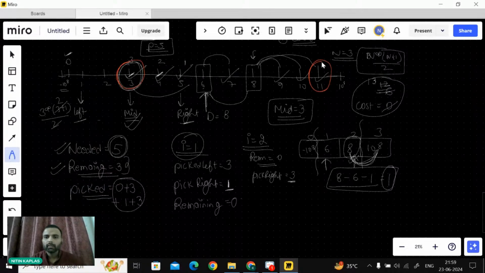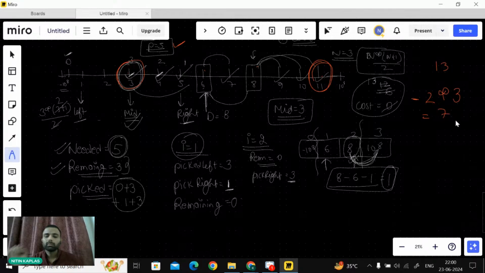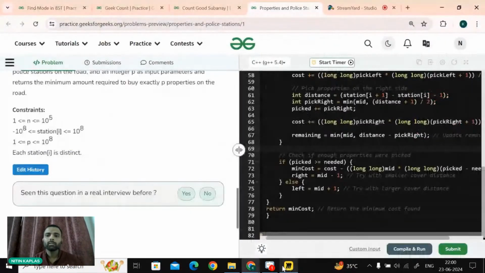If I remove these two, I can save my money, right? I buy two more, because my P is 5, so that is 7. If I remove two, I can sell two. What is the distance? Distance from this to this is 3. Distance from this to this is 3. So if I remove these, 13 minus 6, which is 7. That's my answer, right?